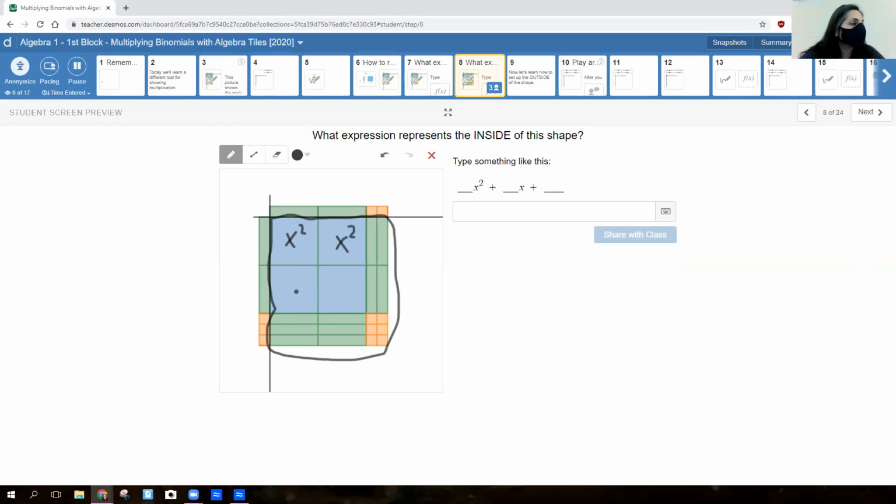When you do your homework tonight, you're going to need to combine like terms with these algebra tiles, so it might help to label them. Remember, the green ones are x's. There's a lot of them this time.